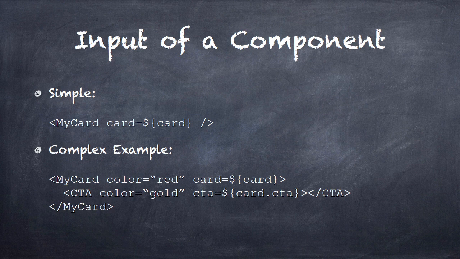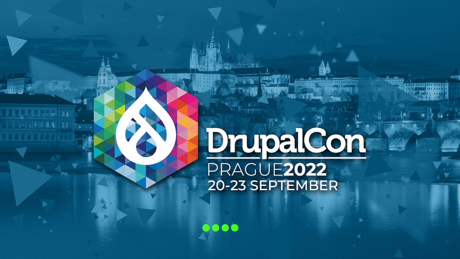And a more complex example that you can see is we have a my card. We give it a property of a red color. We are putting a card on it. And inside this component, we are putting another component, which is a CTA component.